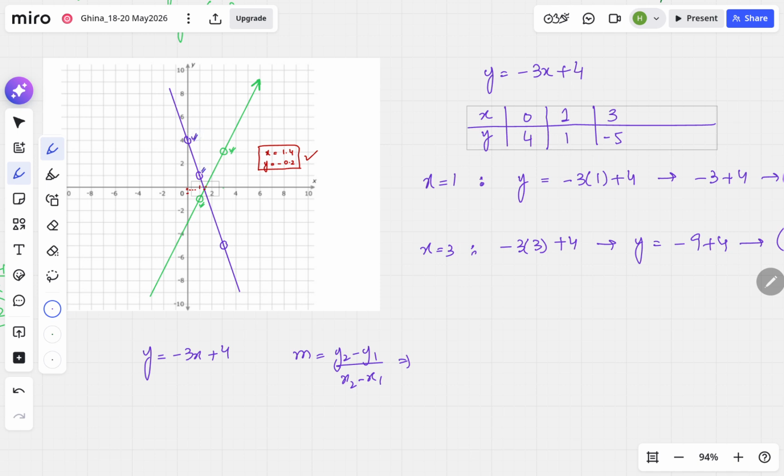So y2 is 4, minus y1, which is 1, and x2 is 0, minus this point where x is 1.